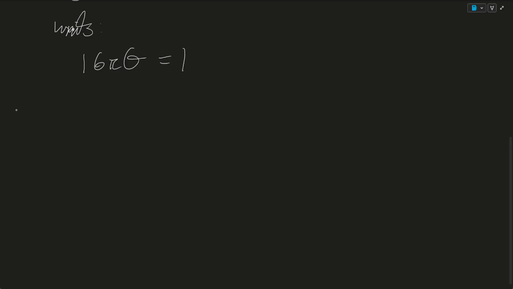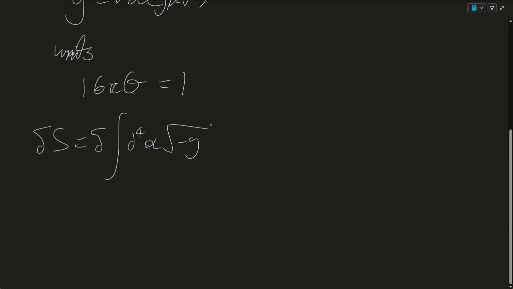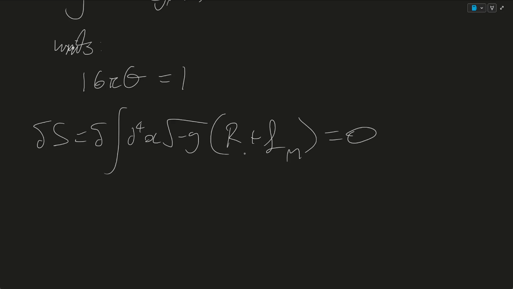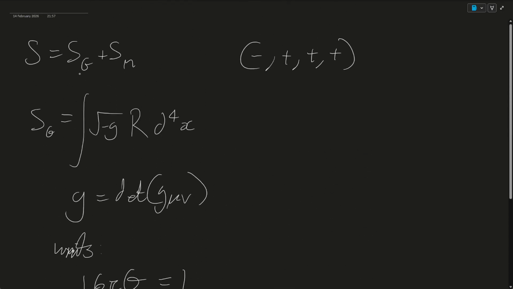So we'll go straight ahead by saying that the variation of S here, delta S, is of course going to be delta times the integral. I'm going to move the d4x to the front, times the root of minus G, G being defined above, times R plus the Lagrangian of the matter, and that entire thing equals 0, which we know from our initial equation.